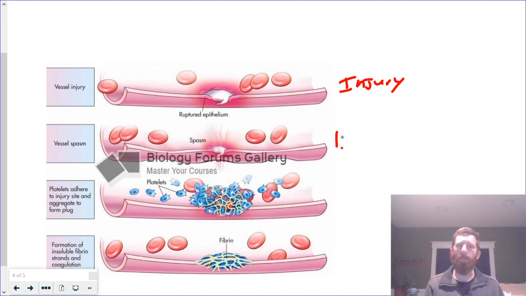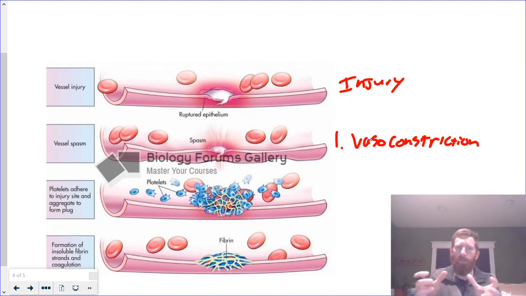I'm going to use words we've used before, so it's vasoconstriction. The blood vessel literally contracts or tightens up to slow the flow of blood through the vessel, right?